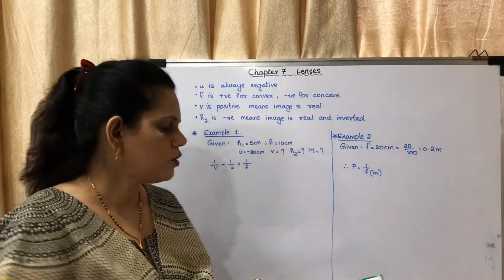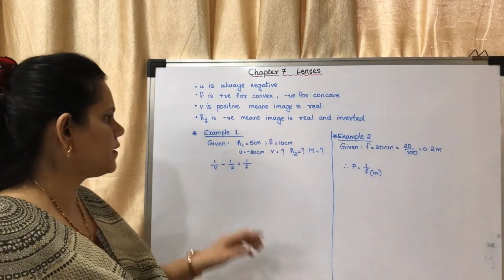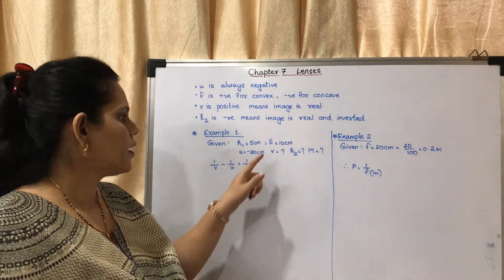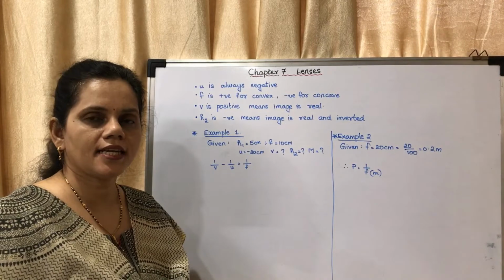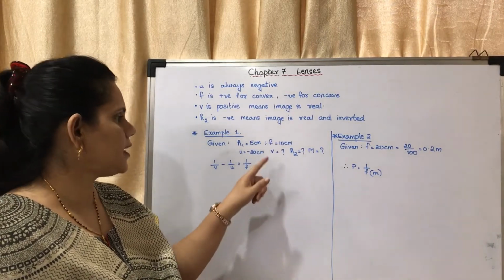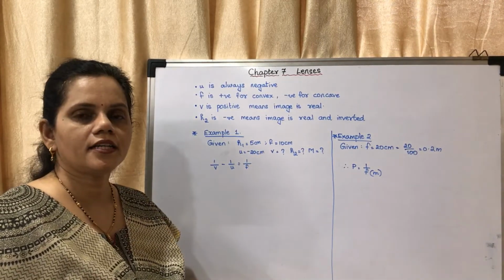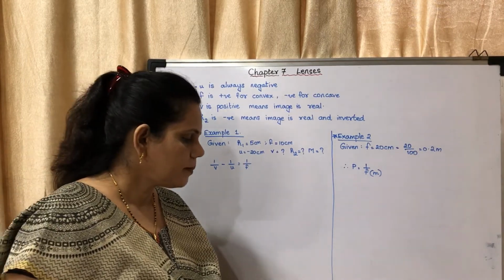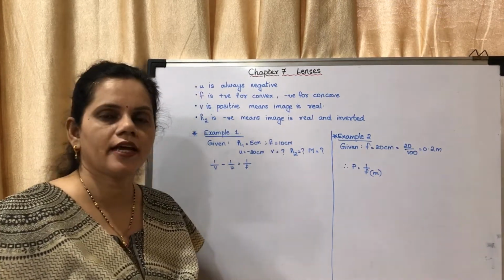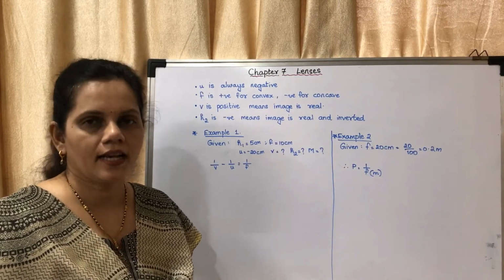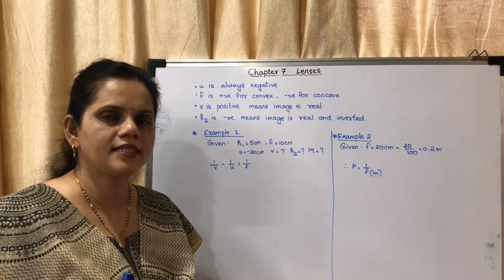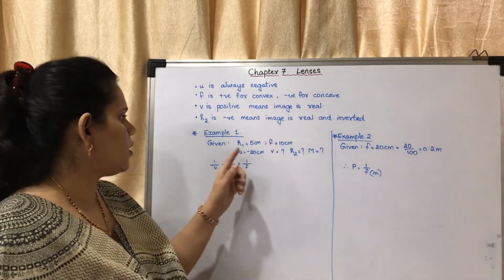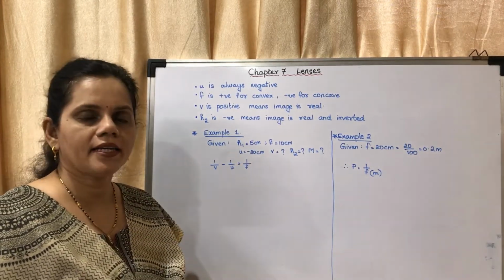So you have been given the height of the object as 5 cm and the focal length as 10 cm. Here you may see the focal length I have taken as positive 10. Why have I taken it as positive 10? Because you may see in the question they have given it as a convex lens. As it is a convex lens, the focal length is positive. Now U is taken as minus 20.